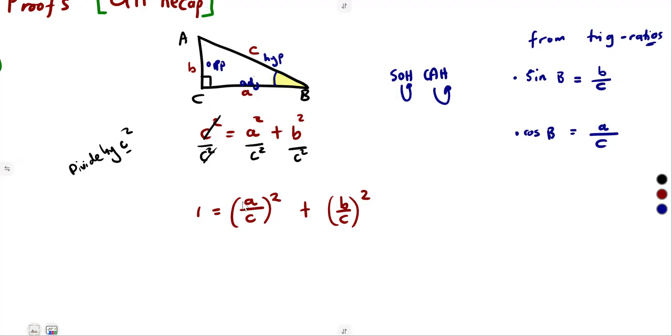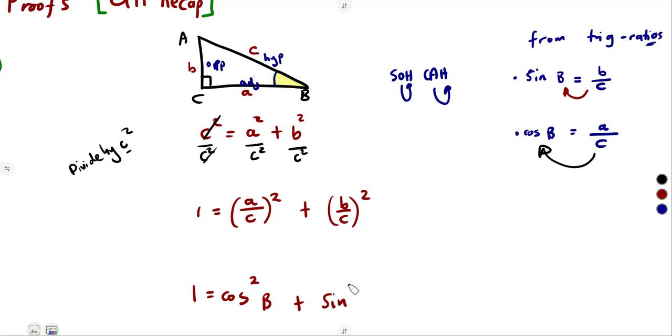So if we consider it properly, we can see that we have A over C, representing the cos of B. So this can be written as the cos of B squared, which is cos squared B, plus B over C, which is the same as the sine of B, but squared.